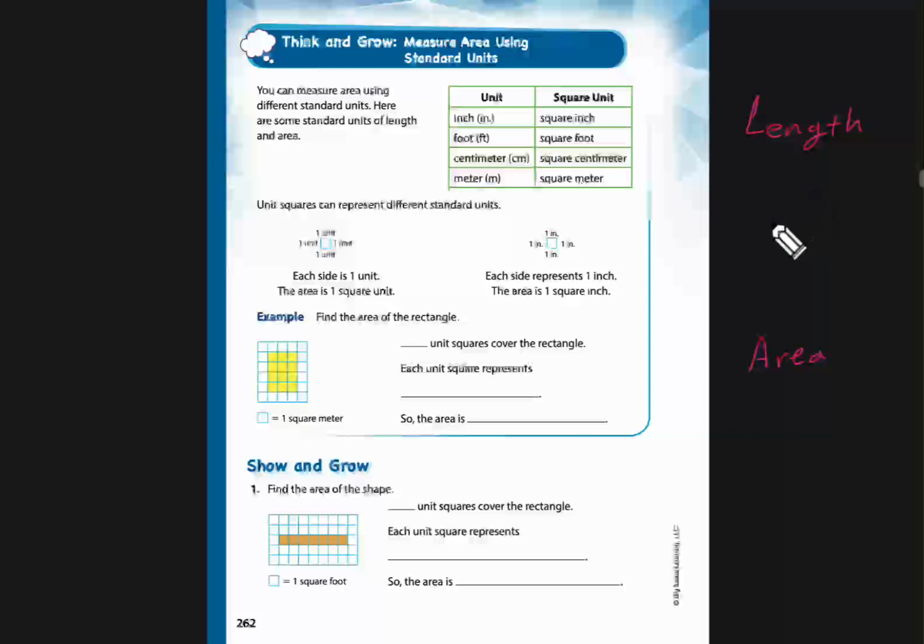Excellent. So it's a line segment, like this one. You can measure it using a ruler, and you may find it 3 centimeters, and so on. So this is the length. The length is like a line segment.